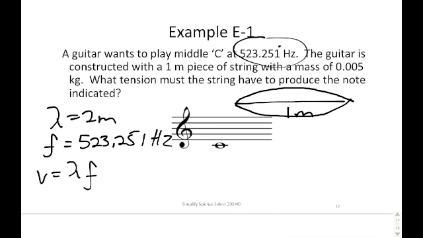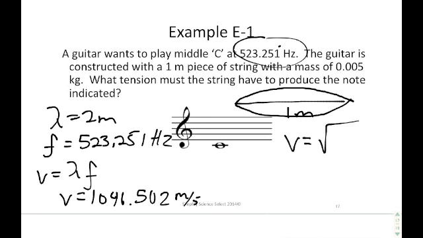And when you plug those numbers in, you get a velocity of 1046.502, which is pretty fast. So now we take a look at this and say, how can I produce this on this particular guitar? Velocity is equal to the square root of the tension divided by the linear density, and it tells me that the length of the string is 1 meter and that the mass is 0.005.